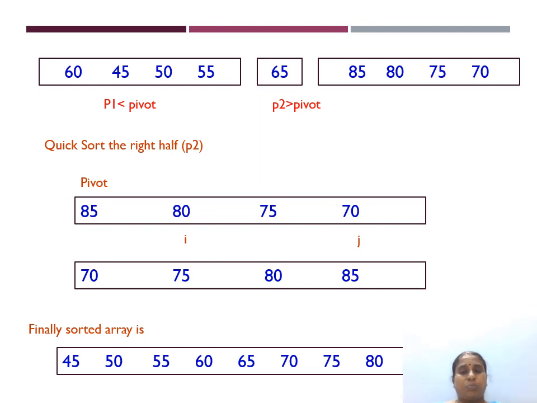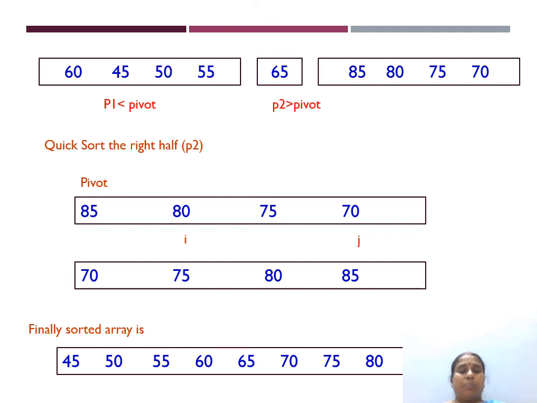It will stop there and verify the condition whether i is lesser than j. If i is lesser than j, the interchange will take place between a of i and a of j. In case i is greater than j, then the partition takes place there.